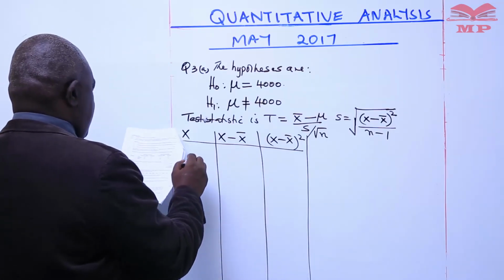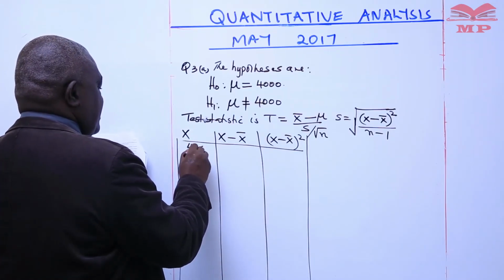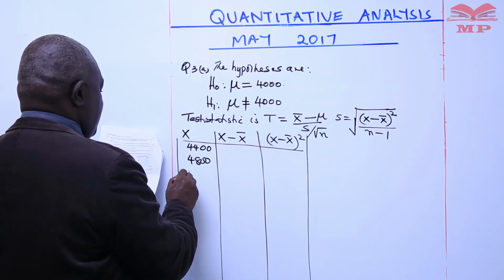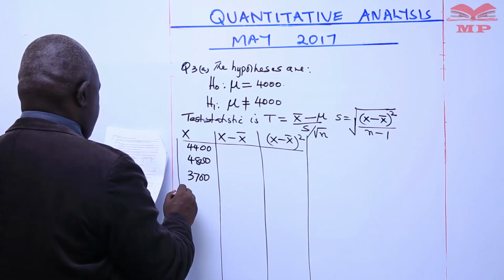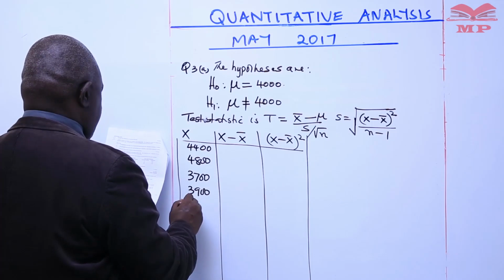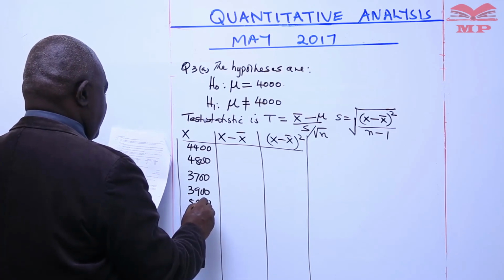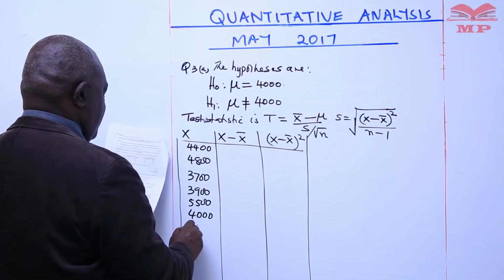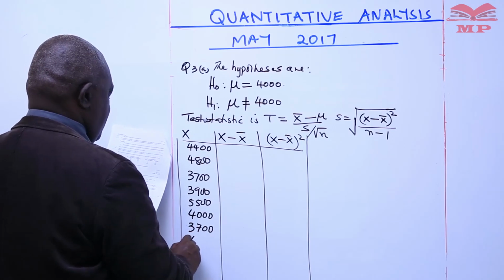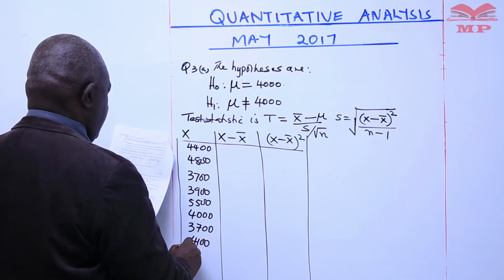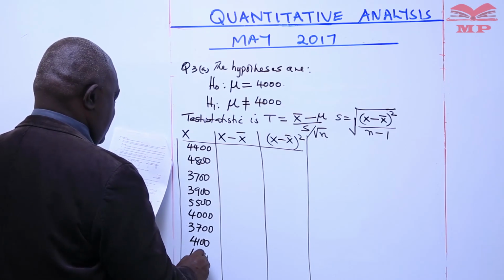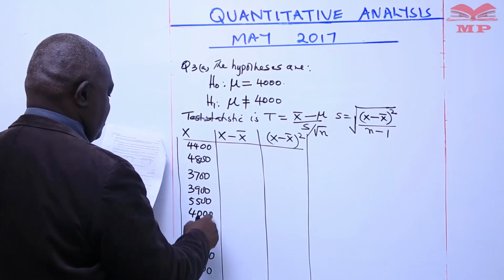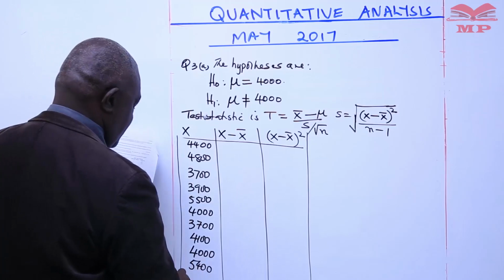The first one is 4,400, followed by 4,800, 3,700, 3,900, 5,500, 4,000, 3,700, 4,100, 4,000 alone, 5,400. That is 1, 2, 3, 4, 5, 6, 7, 8, 9, 10. So those are 10.